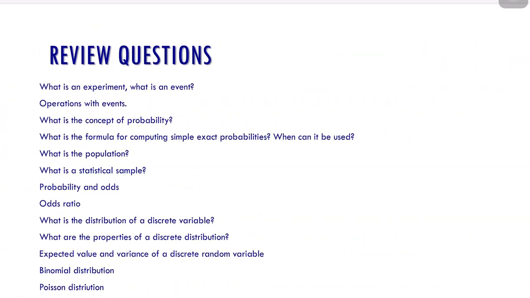Today we studied all of this, and we can review the questions. What is the experiment and event? We studied it, and operations, and I explained it. What is the odds ratio, what is a statistical sample, what is the population, what are the Poisson distribution and binomial distribution, and how can we calculate in these situations?